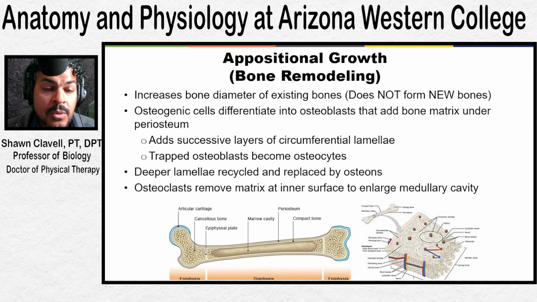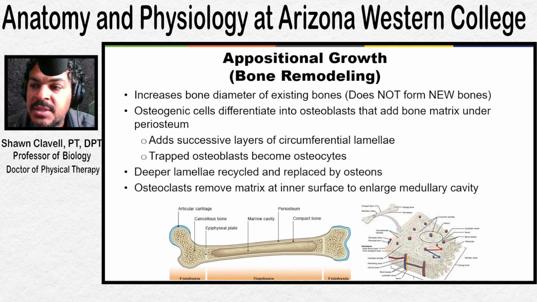Bones also widen while they lengthen, and they widen as we grow older. So bones continue to be dynamic and remodeling. This is where our bones continue to grow wider, again maintaining that hollow, light shell.